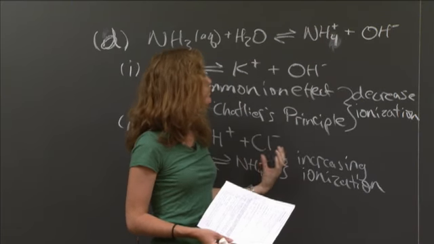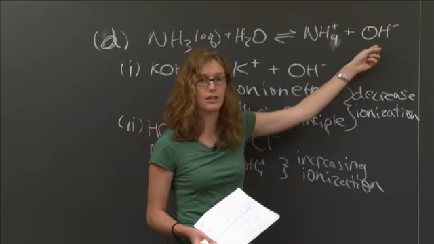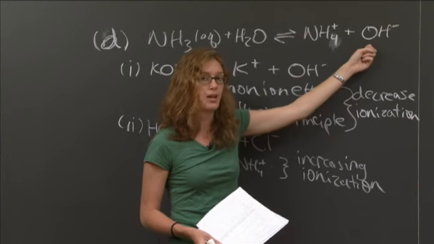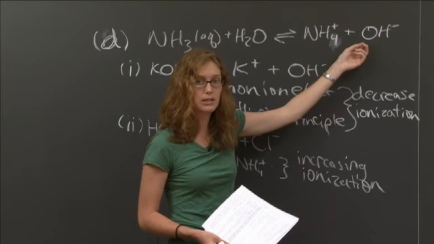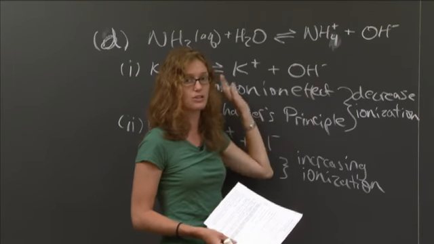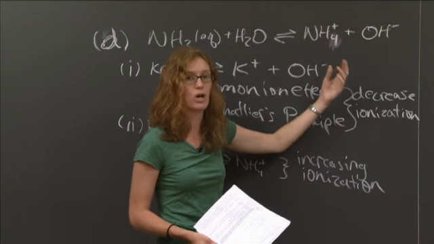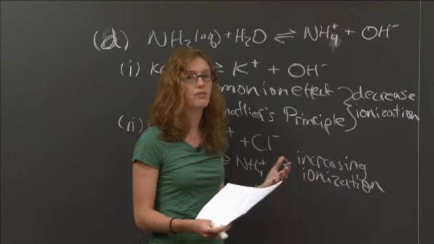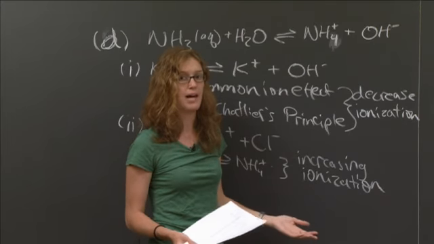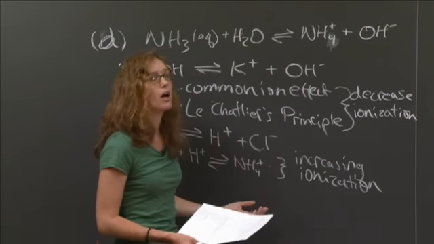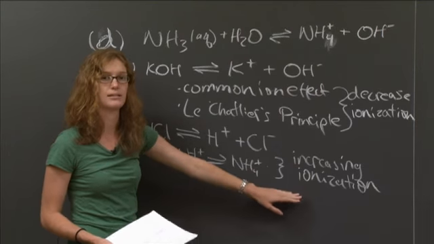This will result in a decrease of hydroxide in solution, right? And so by Le Chatelier's principle, we know that a decrease in a product causes the reaction to shift towards the products to make more hydroxide. So that's just another way of thinking about the same process, and it results in the same conclusion that addition of hydrogen chloride increases the ionization of ammonia.